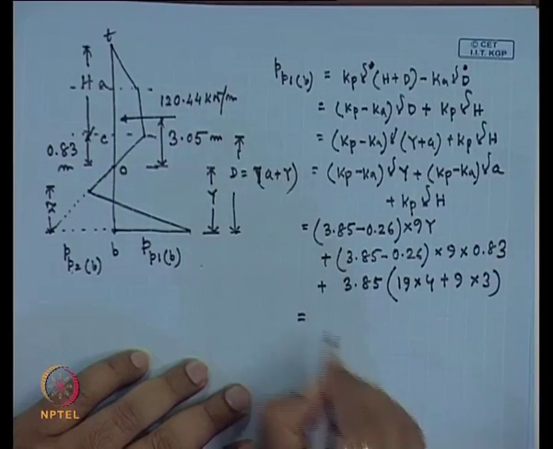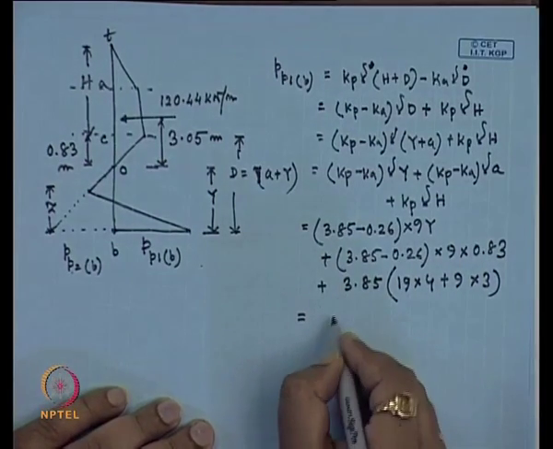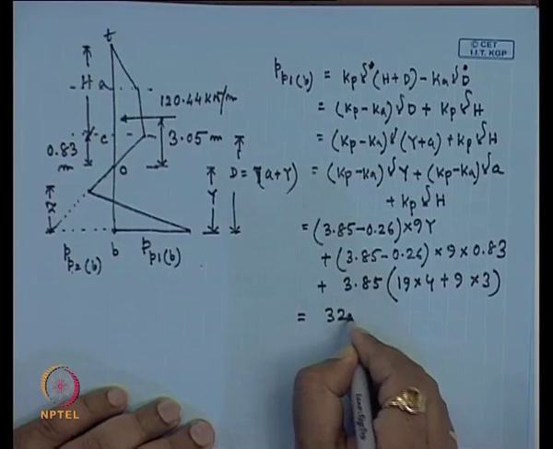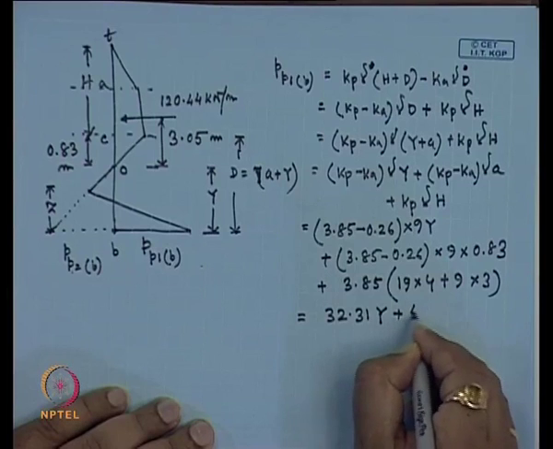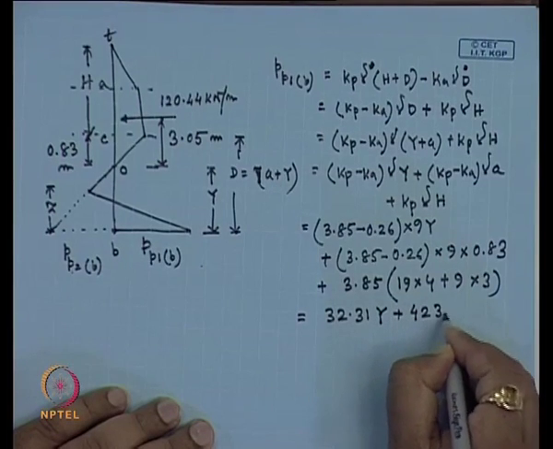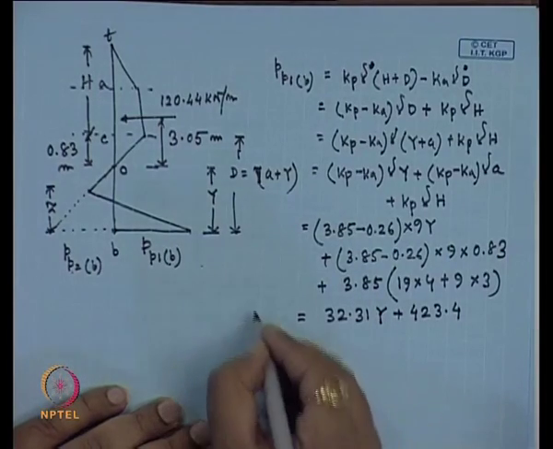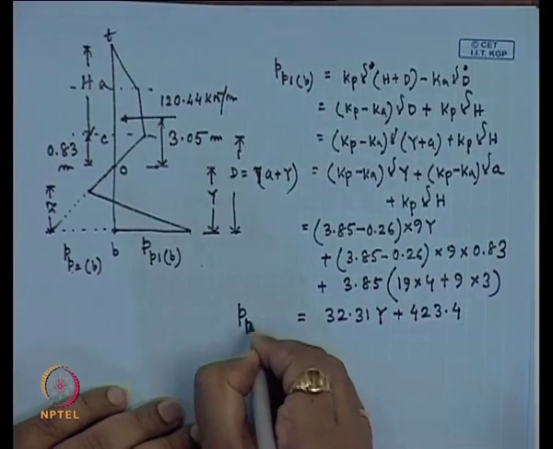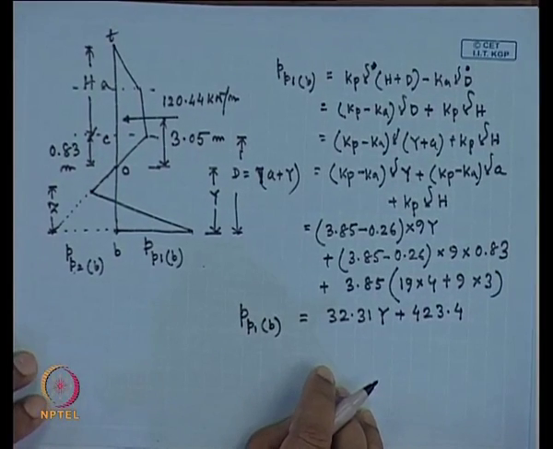Finally, the expression is 32.31 capital Y plus 423.4. This is the value of P P 1 at base level.